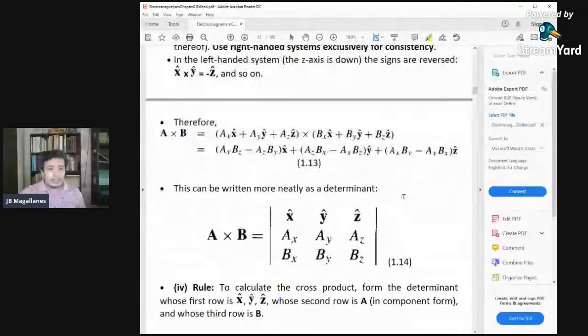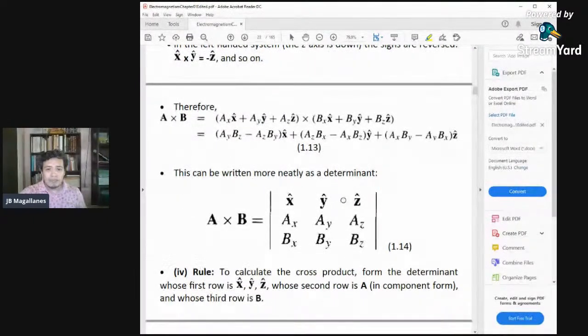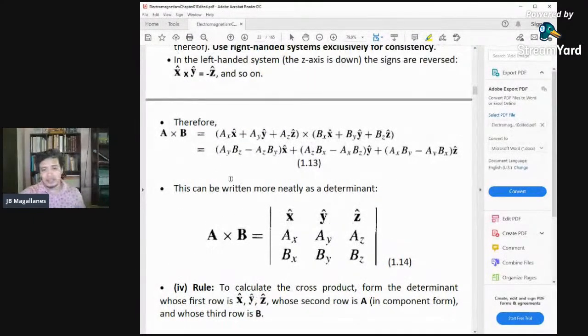But you can write it in matrix form, in a determinant form of the matrix. You have A cross B. You can write this in this kind of matrix. You have the first row, x, y, z, which are the unit vectors. And then the second row will be the components of the vector A here.